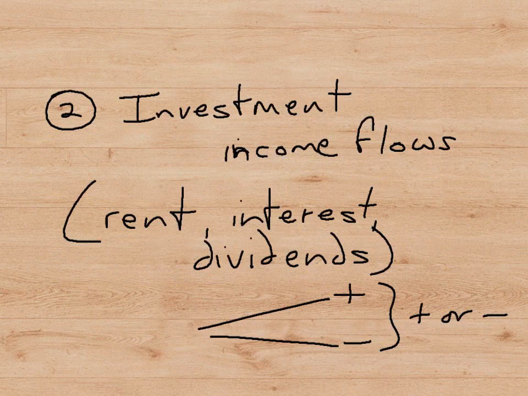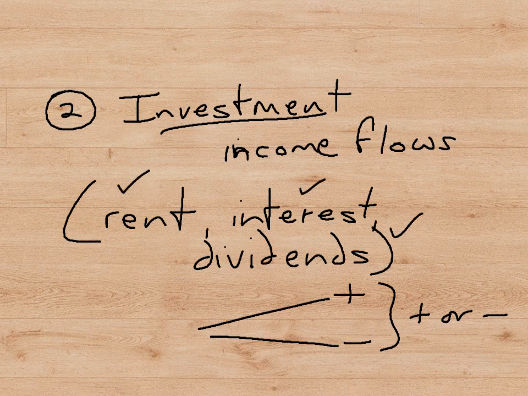The second part of the current account is about investment income. Now, what does investment income mean? Well, UK citizens own assets in other countries, such as property, shares, etc. Foreigners also own assets in the UK. And these assets are earning income, such as rent, interest, and dividends.